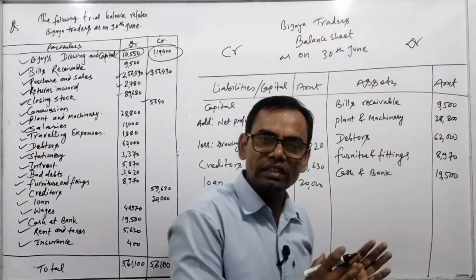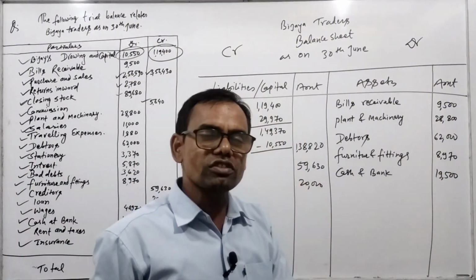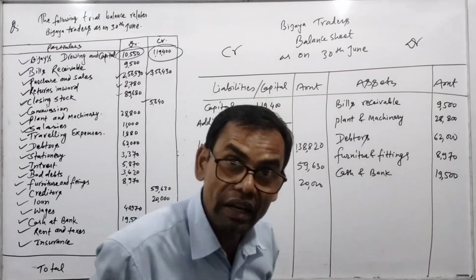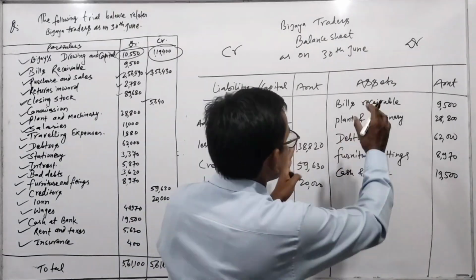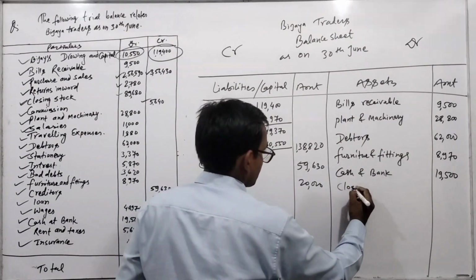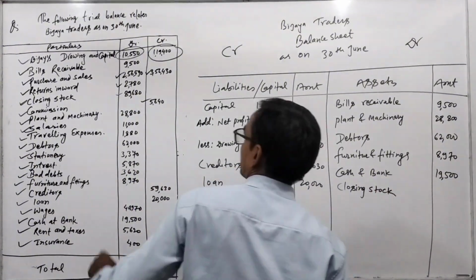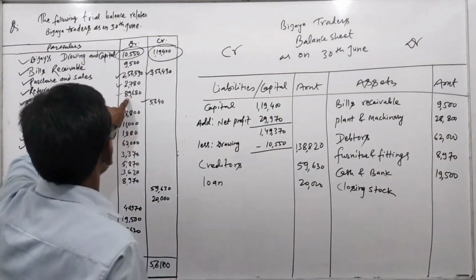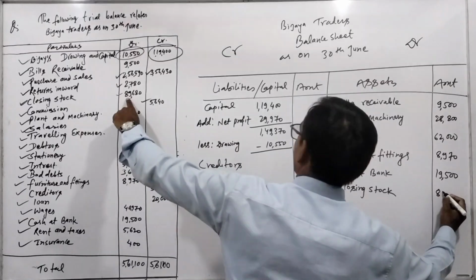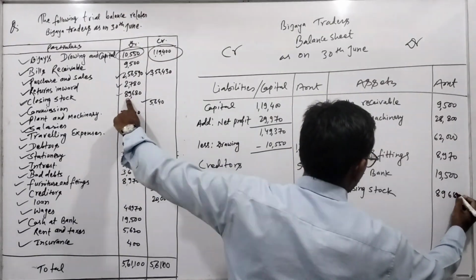I told you that if closing stock is given in the trial balance, that should be recorded on the asset side. And what is the amount of closing stock? The amount of closing stock is 89,680.